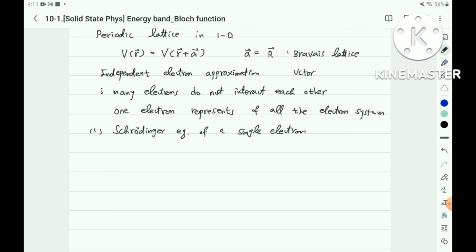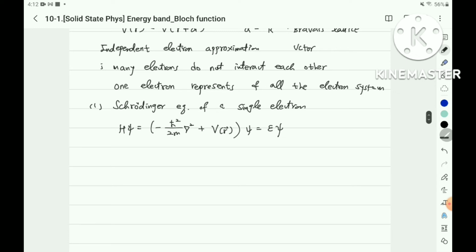From the Schrödinger equation, H psi is the kinetic energy term, minus h bar squared over 2m times del squared, plus the potential V, acting on psi, equal to the eigenvalue epsilon times psi. Here in this case, the potential is periodic: V(R) equals V(R plus R), where capital R represents the Bravais lattice vector.